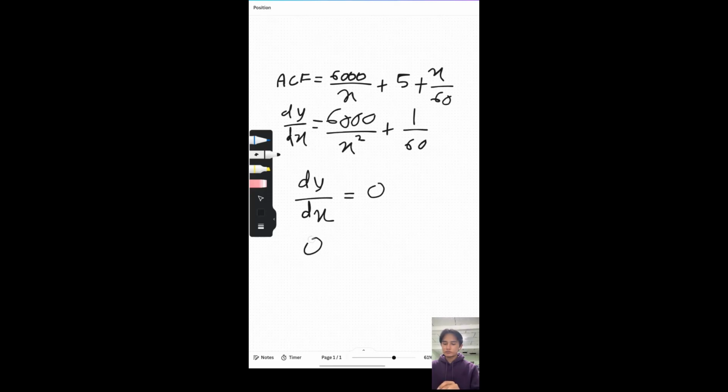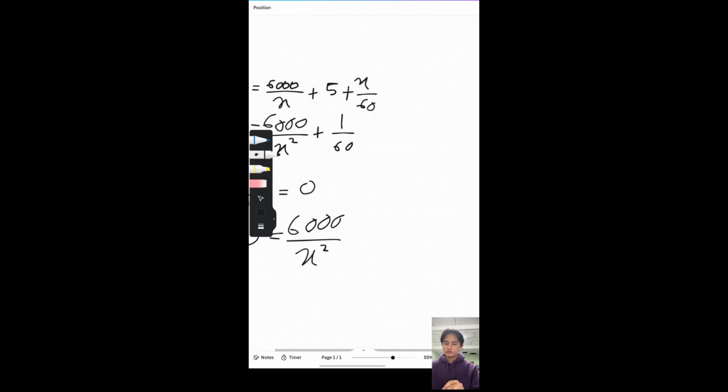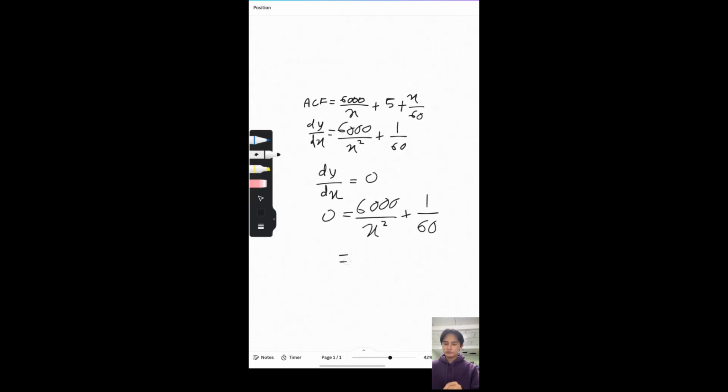So 0 equals negative 6,000 over x power 2 plus 1 over 16. So we move the 6,000 over x power 2 to the left side, then equal the 6,000.